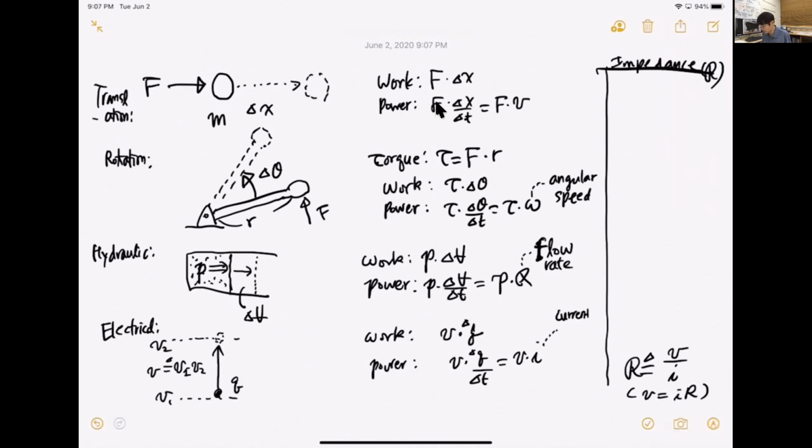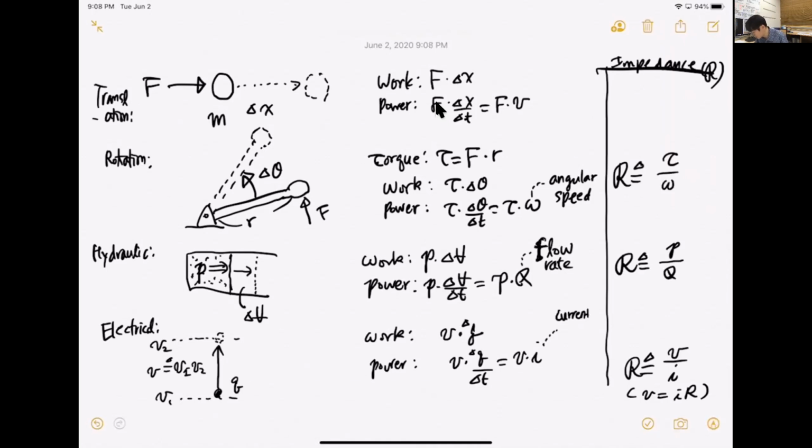Similarly, in the hydraulic system, the generalized impedance can be defined as the driving effort divided by the current, which is Q. And in the rotational system, the generalized impedance can be defined by the driving effort, torque, divided by angular speed or angular velocity.